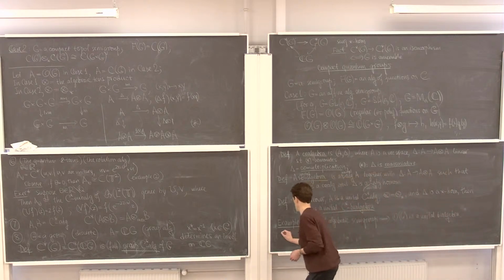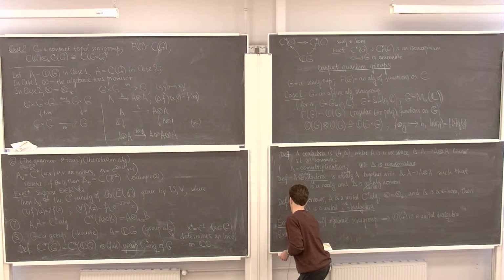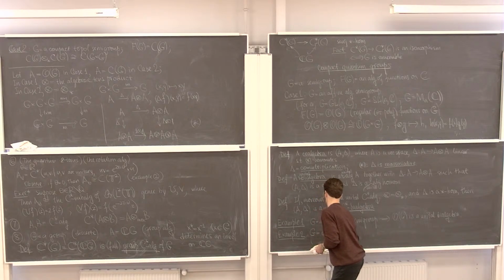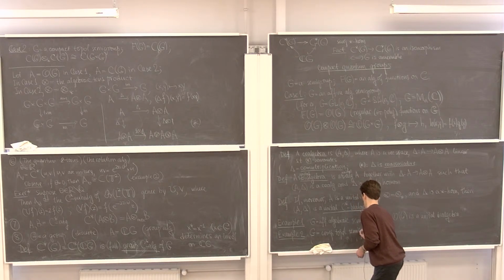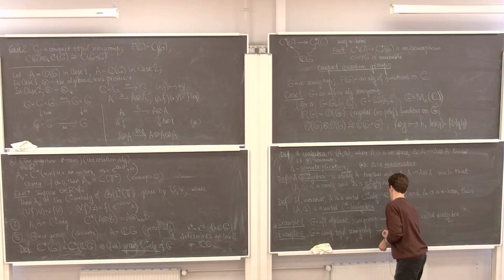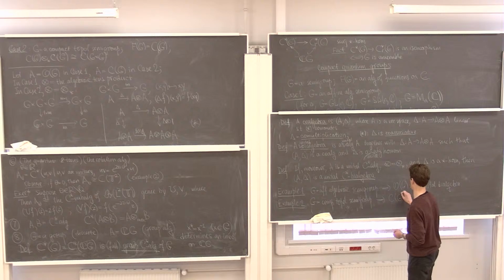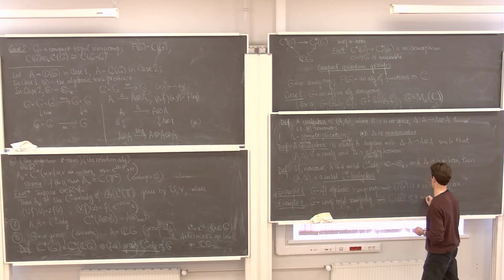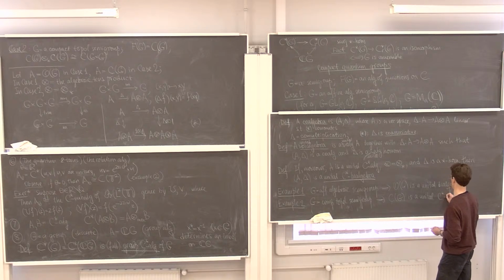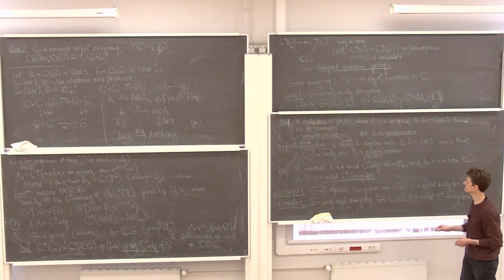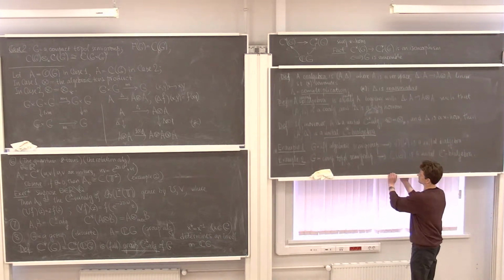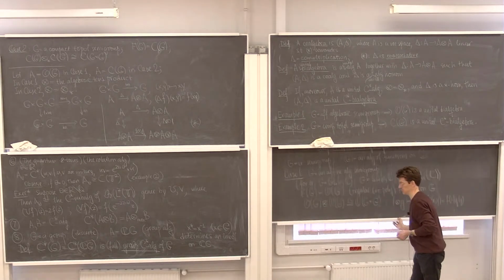And similarly, if G is a compact topological semigroup, then C of G, the algebra of continuous functions on G, is a unital C-star bi-algebra. And it is commutative. C of G is commutative, of course.